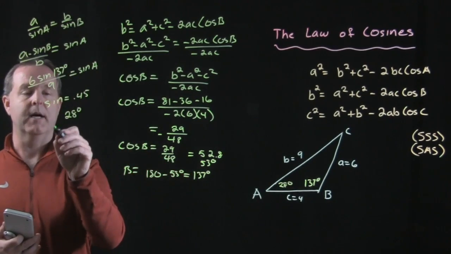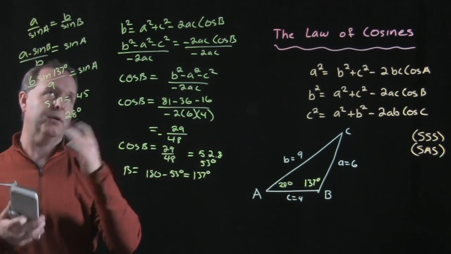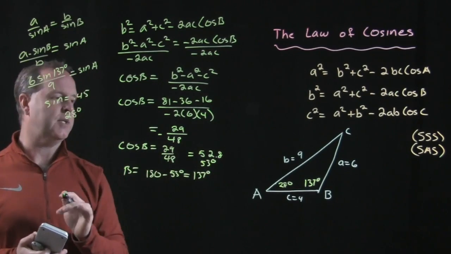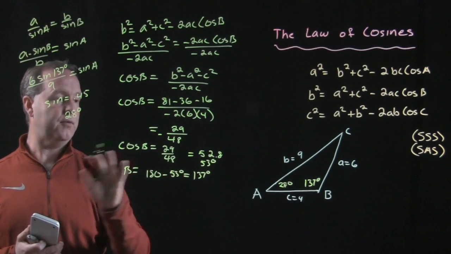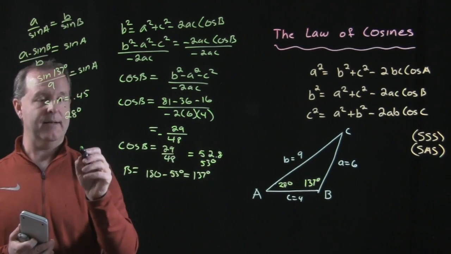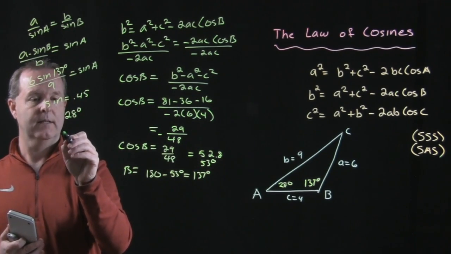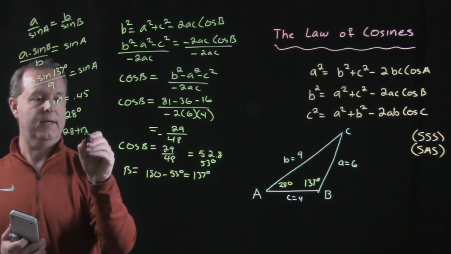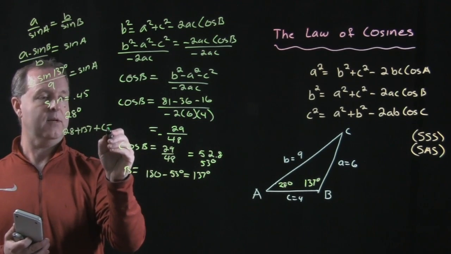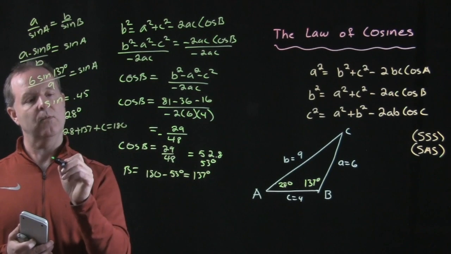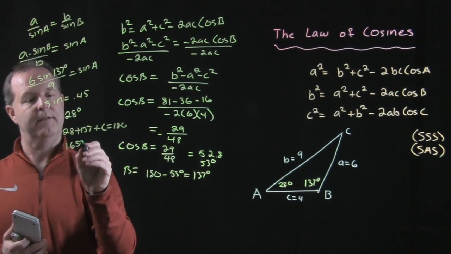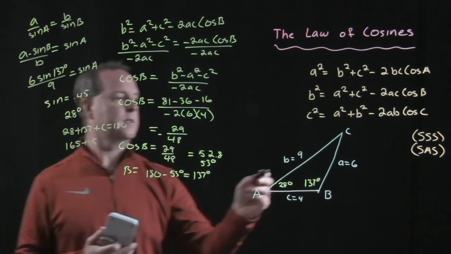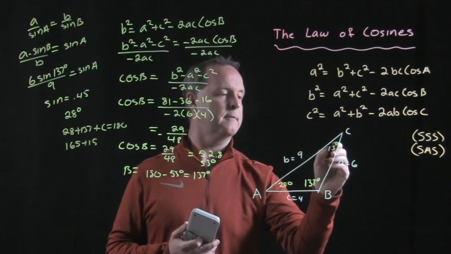The other option would have been 180 minus 28, which would produce 150, way too many degrees for this particular triangle. And then from there, step 3 is interior angles add up to 180, so 28 plus 137 plus C equals 180. 28 and 137 is what, folks? 165 plus 15. So the last one had to be 15 degrees.